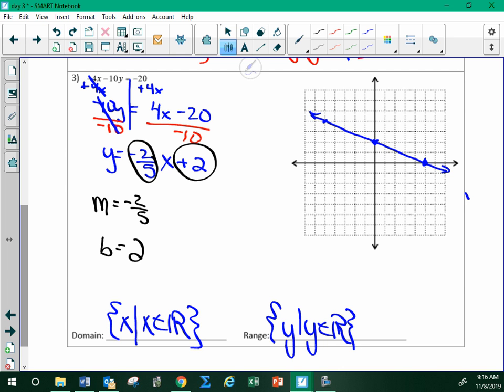Later on, we'll have graphs that look like this, that's not always all real numbers, but for our lines, it's all real numbers. The reason is I have it going up forever, down forever, so that's all real numbers for my y's. And it's going left forever and right forever, so it's all real numbers for my x's.